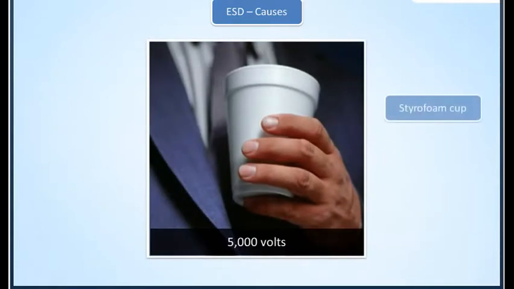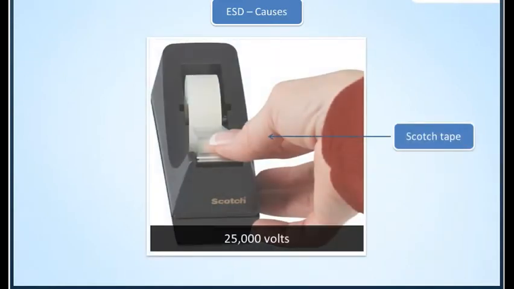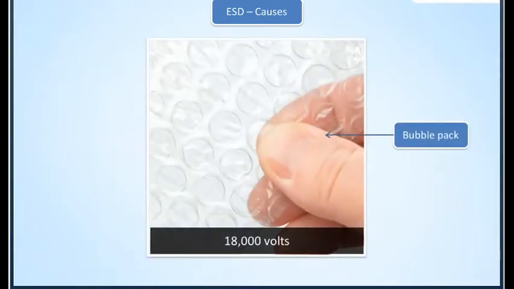A styrofoam coffee cup can cause up to 5,000 volts of ESD. Scotch tape causes up to 25,000 volts, and a bubble pack can raise up to 18,000 volts.